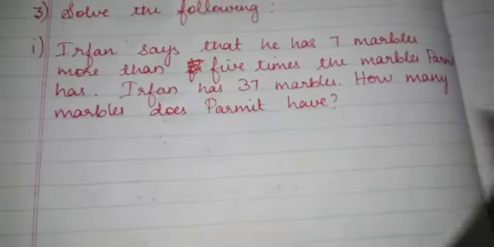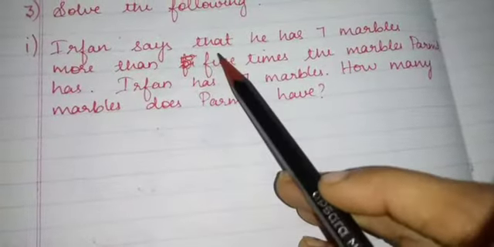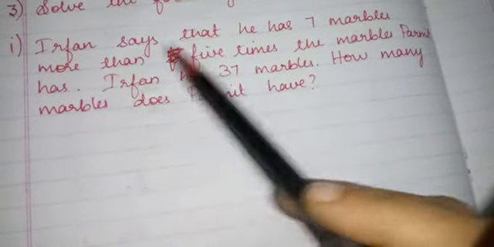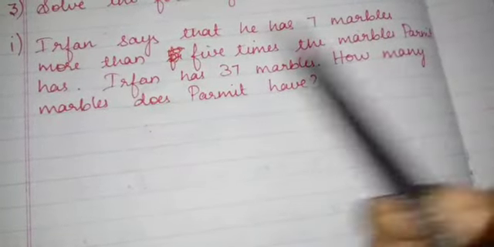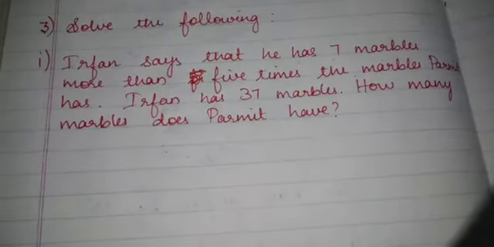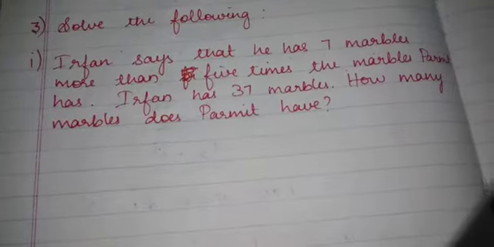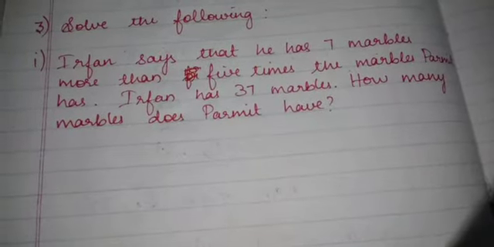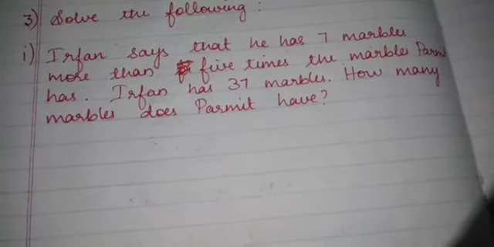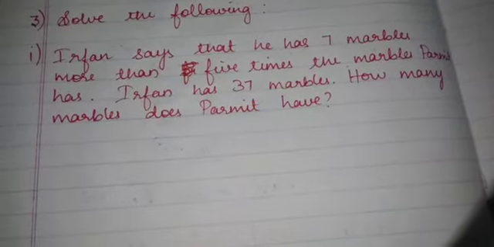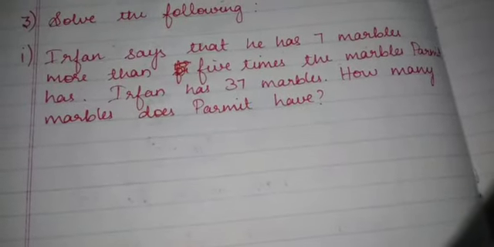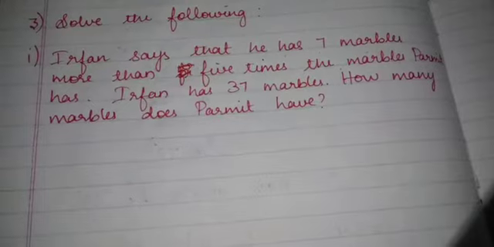Okay, what are they saying? Irfan says that he has 7 marbles more than 5 times the marbles Parmit has. See, this problem we have already discussed, but when we discussed it, we just framed the equation. We didn't solve it, but here we are going to frame the equation and then solve it.